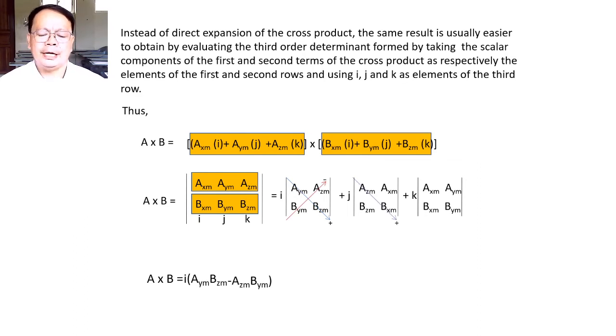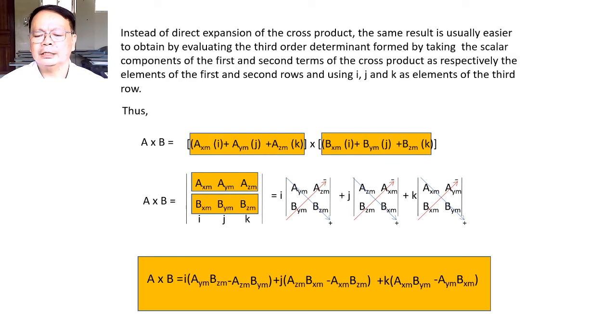That is for the I. For the J, we have the quantity AZM, BXM minus AXM, BZM. And for the K, we have AXM, BYM minus AYM, BXM. And that gives us the same value as when we define it using the expanded form of the cross product.